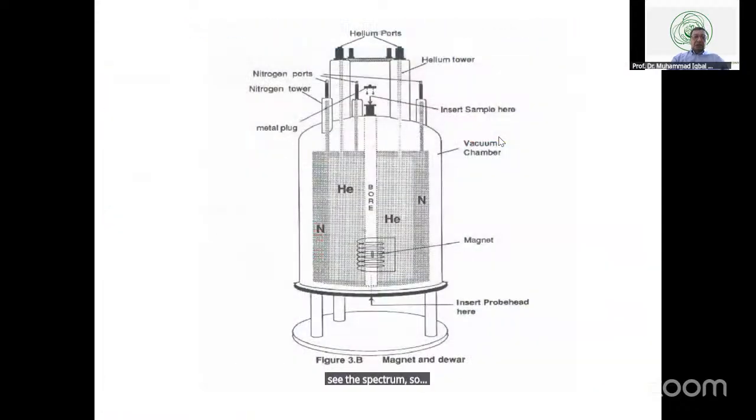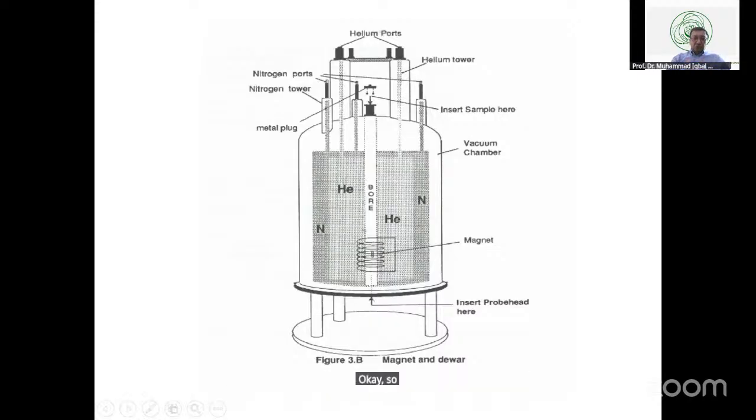So this is how modern NMR looks. And the reason why, before introducing pulse NMR spectroscopy, I'm showing you this is because this could not have been possible without much advancement in this instrumentation.